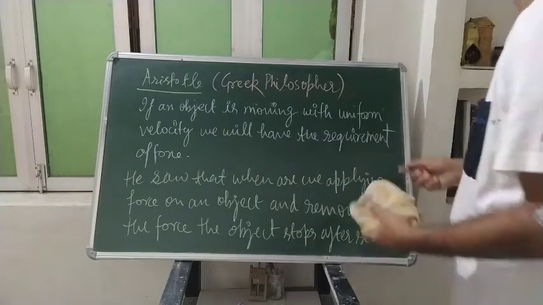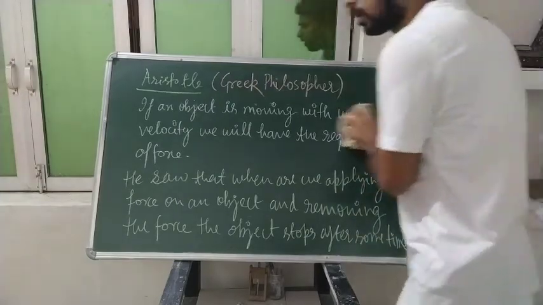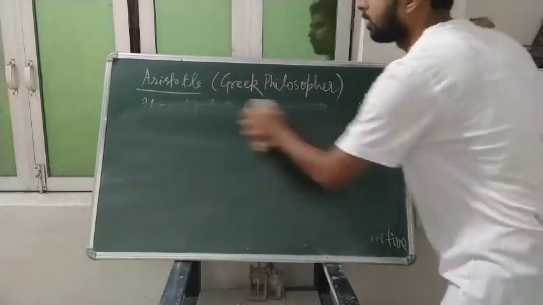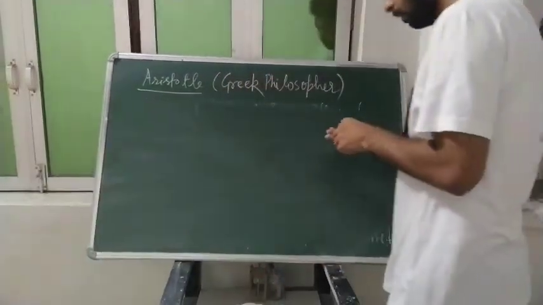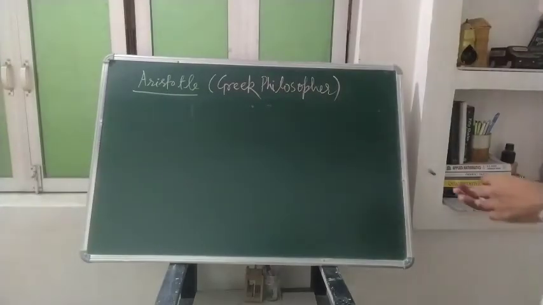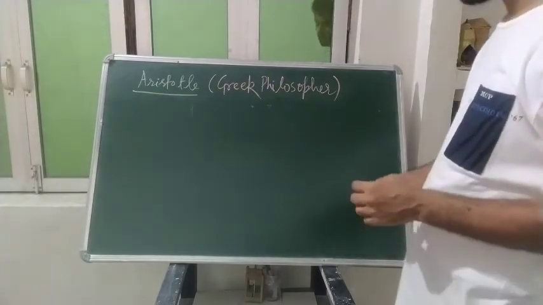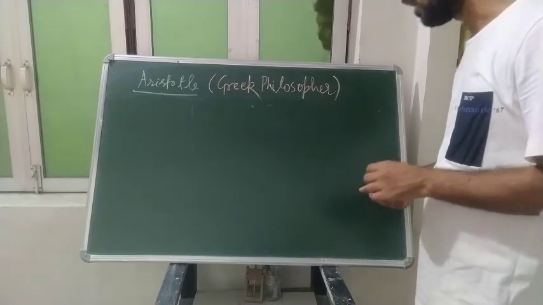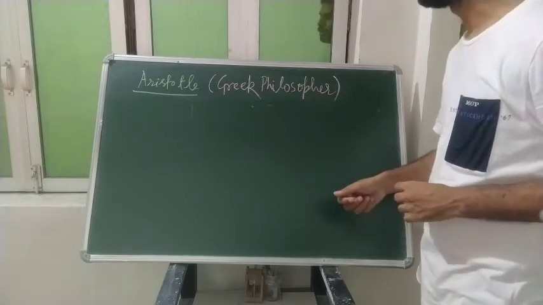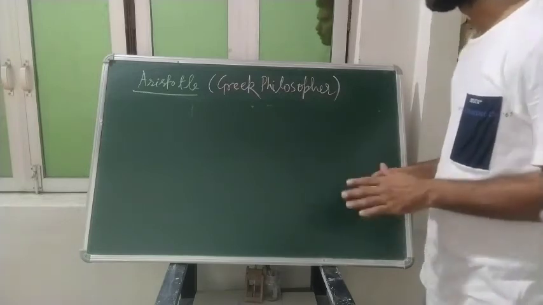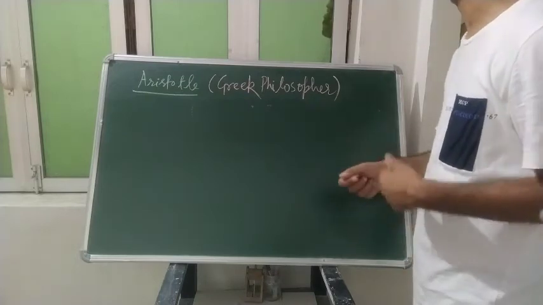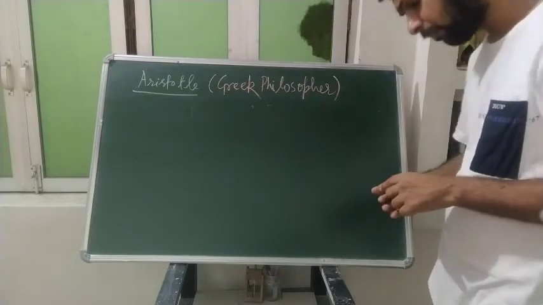First he told this thing. So Aristotle gave the idea that when a body is moving with uniform velocity, to maintain that uniform velocity, we have to apply some force on it.